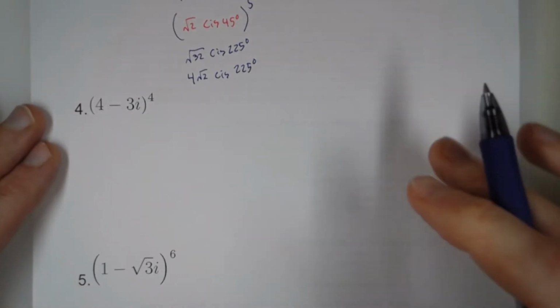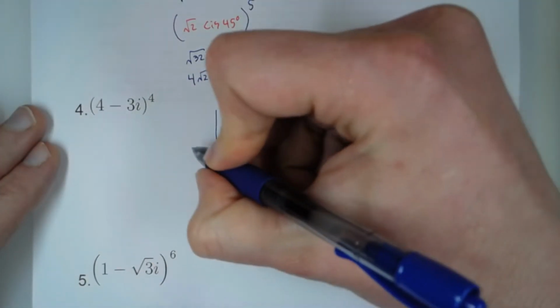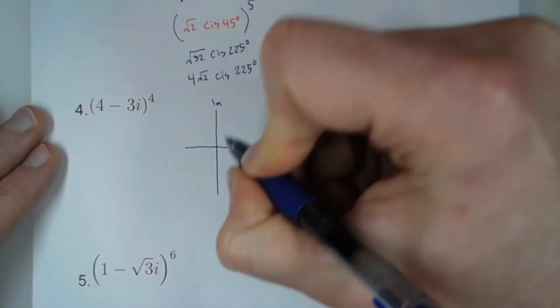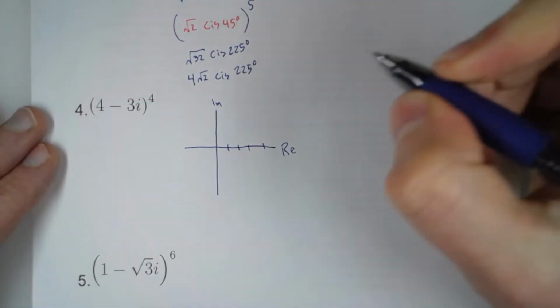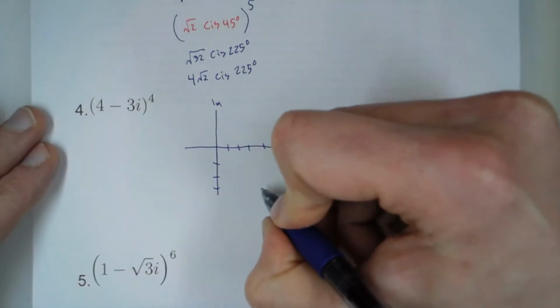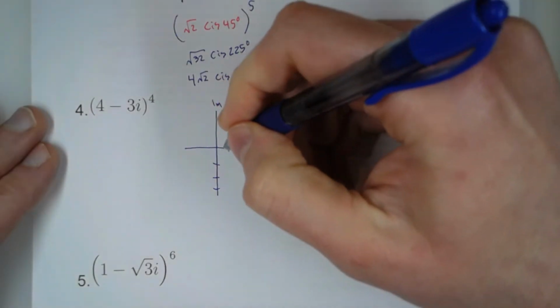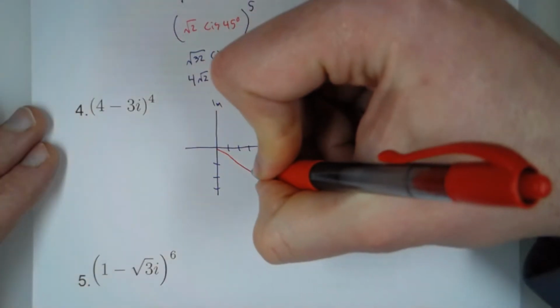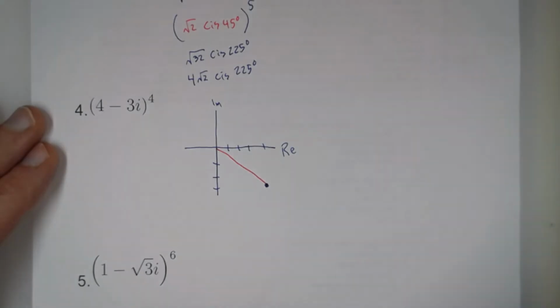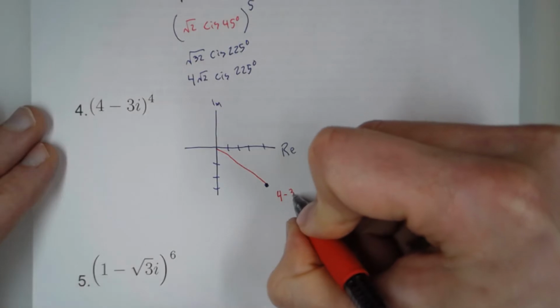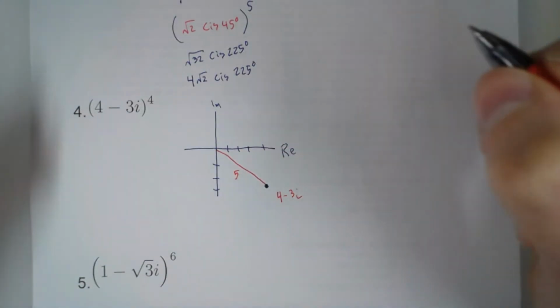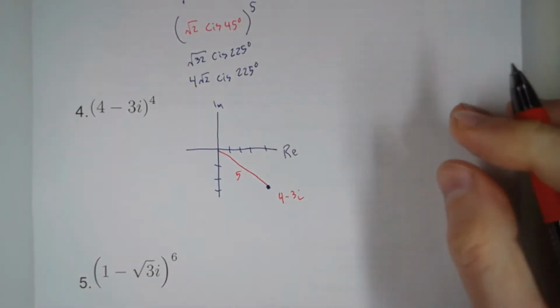Number 4, we're taking this number and raising it to the 4th power. Now we'll graph it. So we go 1, 2, 3, 4 for the real, 1, 2, down 3 for the imaginary. So this is 4 minus 3i, and this makes a 3, 4, 5 right triangle, so the magnitude is 5.